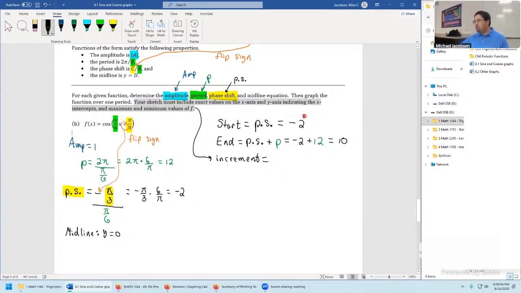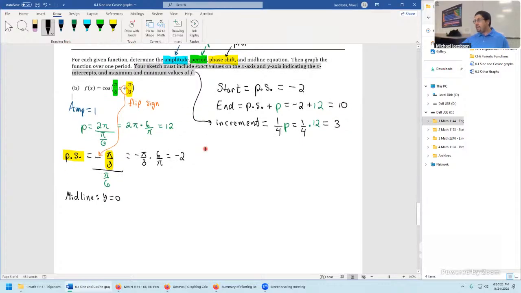The increment means we'll put a tick mark at -2, but how far do we need to go to get to, say, the x-intercept? That's what we're incrementing by. And the increment is this magical number, 1/4 of the period, 1/4 times 12. So an increment of 3 tells us, go a distance 3, and you get to all of the important information, filling out this last sentence right here.